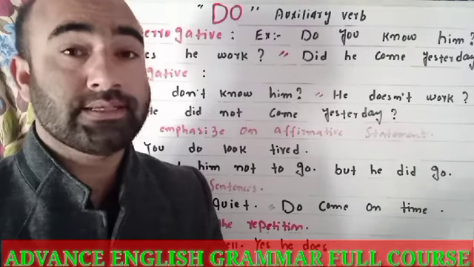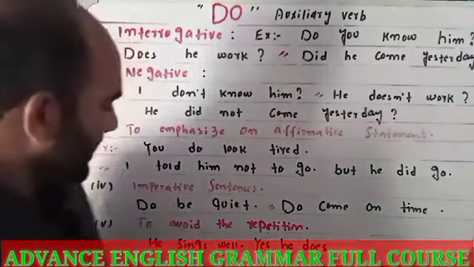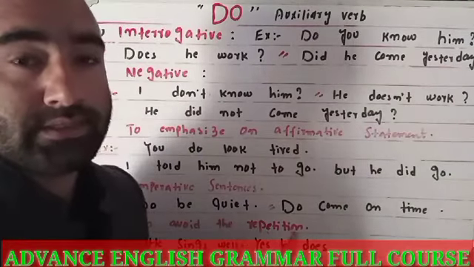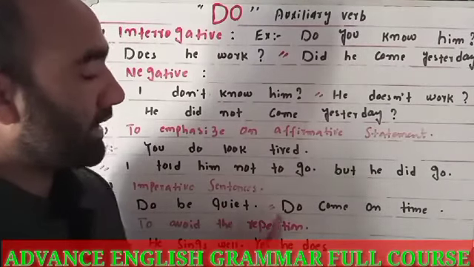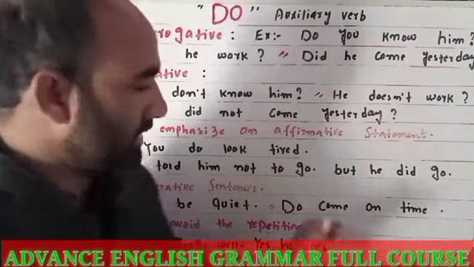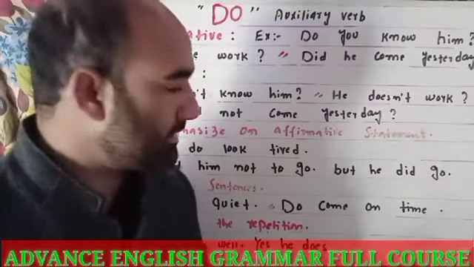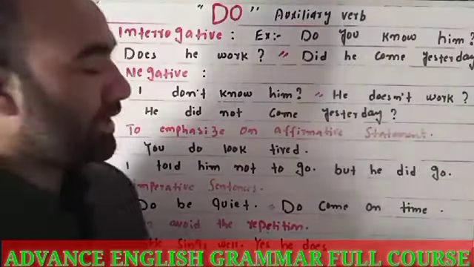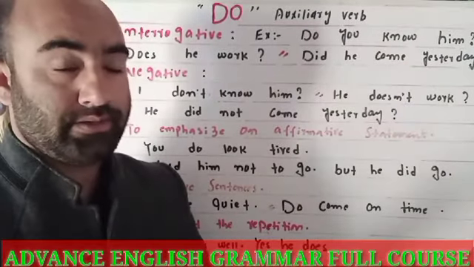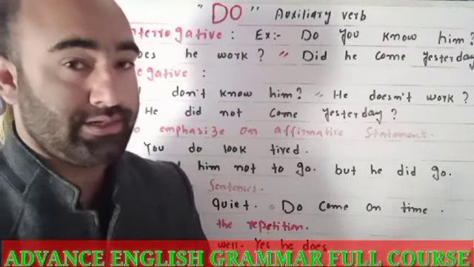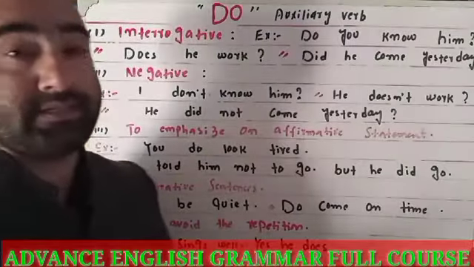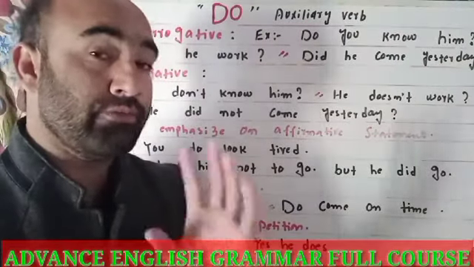The subject is hidden, right? For example, do be quiet, do come on time. These are all affirmative sentences, and in this case we do not use does. Only the verb do will be used.